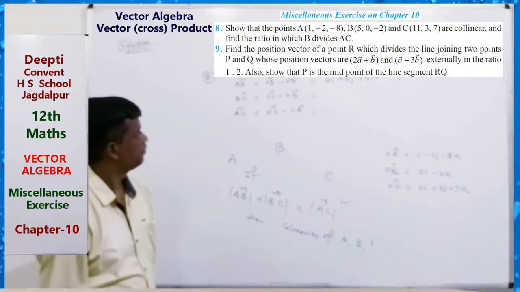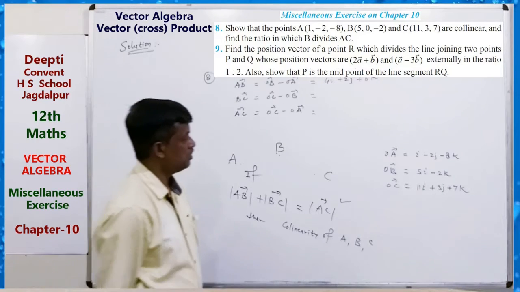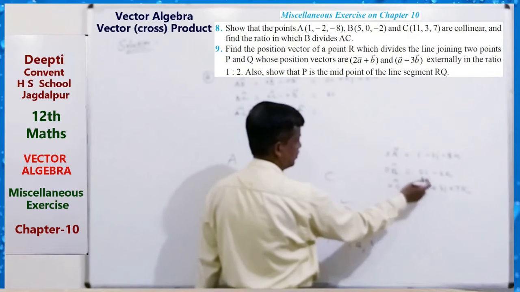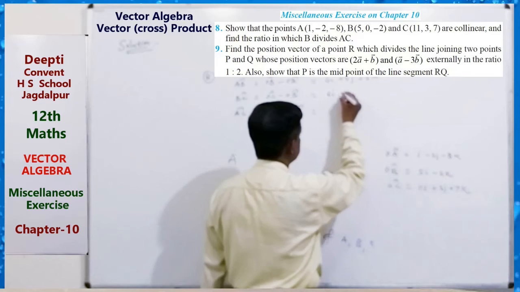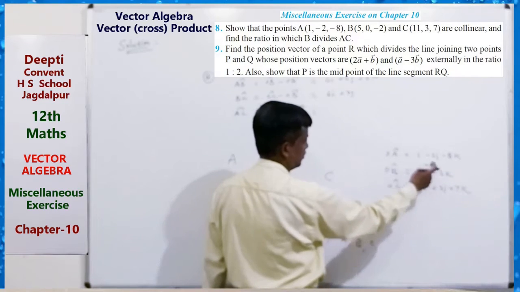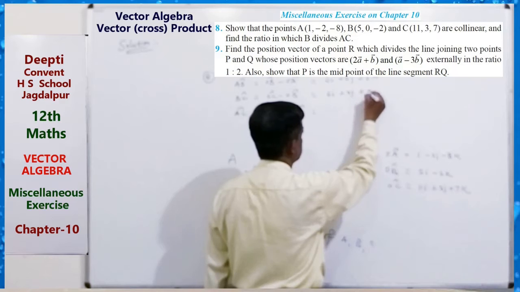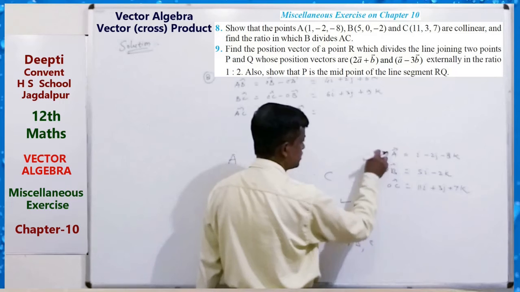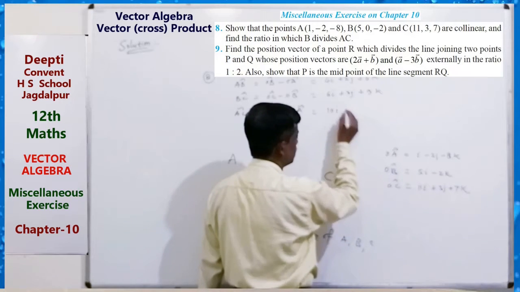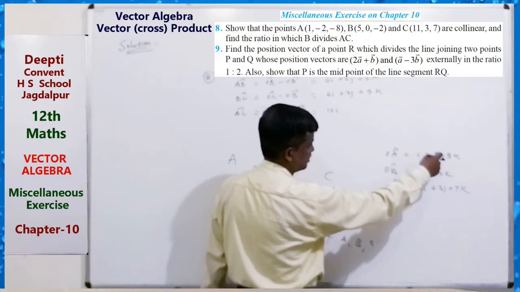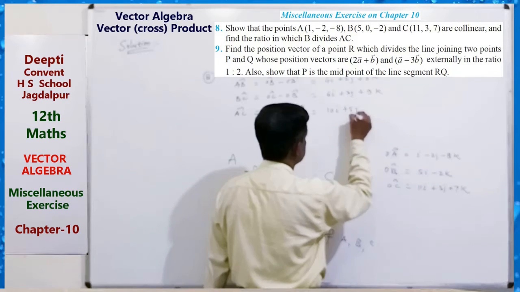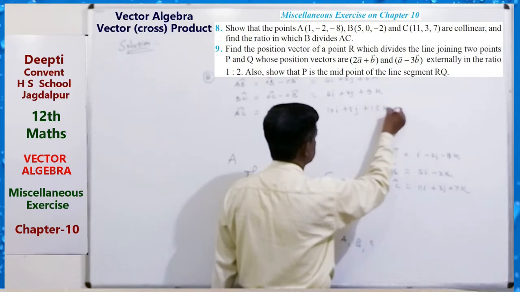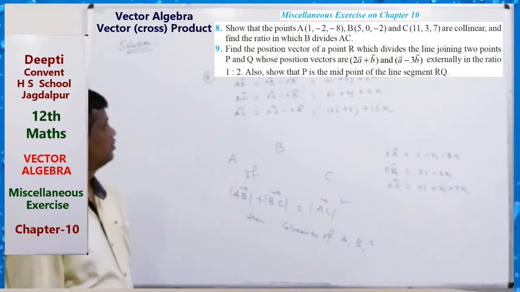Then OC minus OB: this minus this, 6I plus 3J plus 9K. And AC, OC minus OA: this minus this, 10I plus 5J plus 15K. So these are the values of AB, BC, AC.